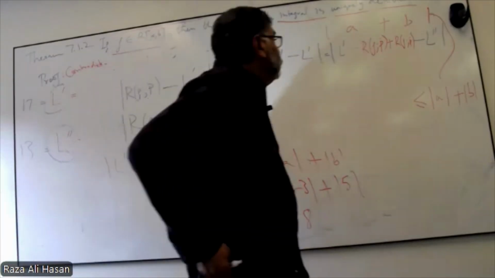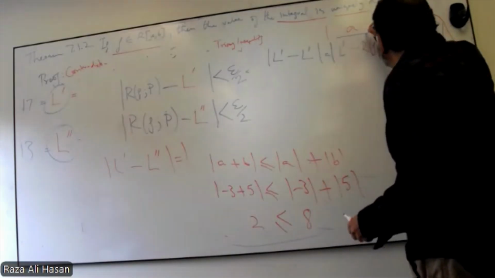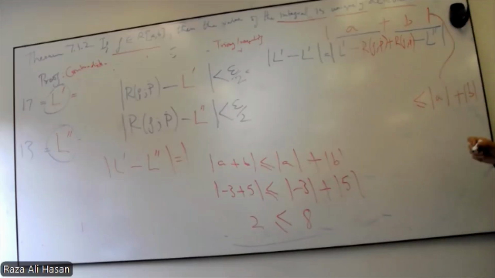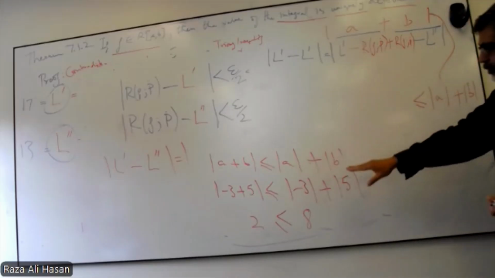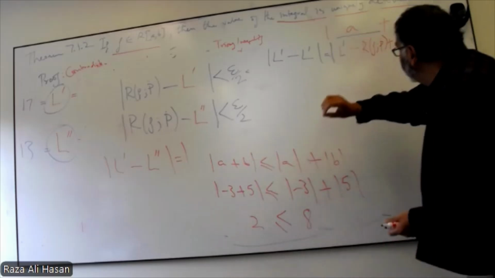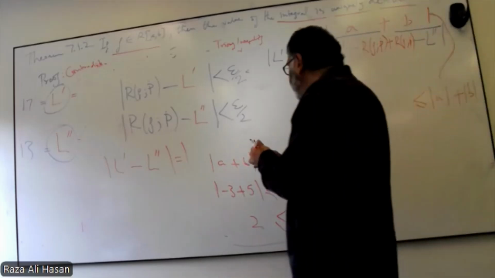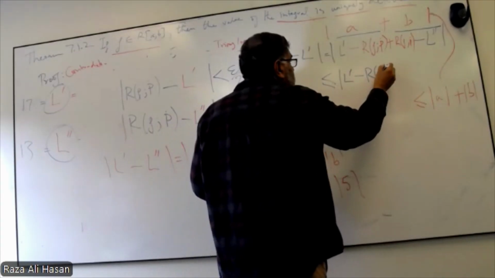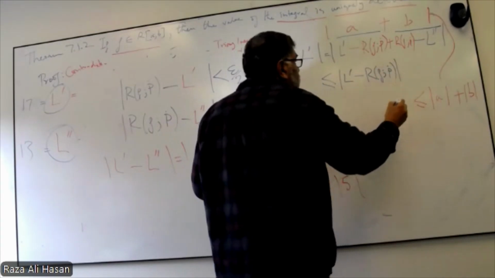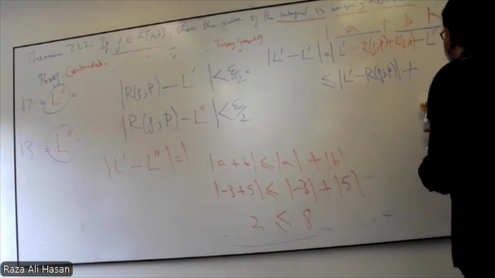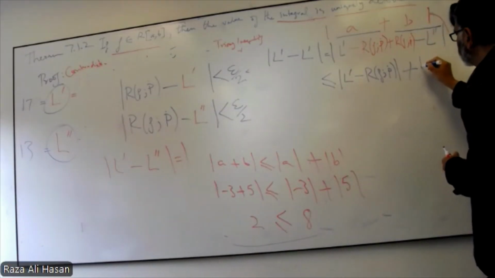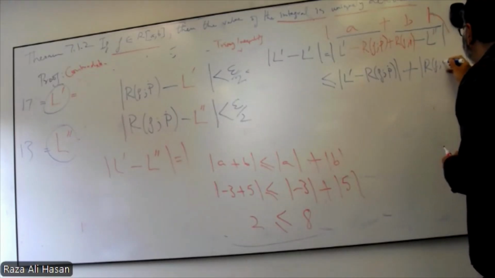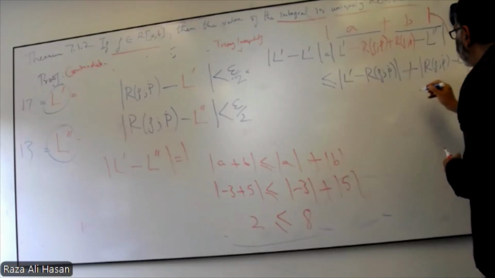So here, our first difference is going to be A, and our second difference is our B. So we can replace this thing. We can replace this side with the absolute value of R F comma P minus L double prime.